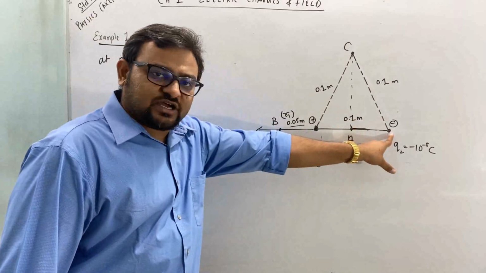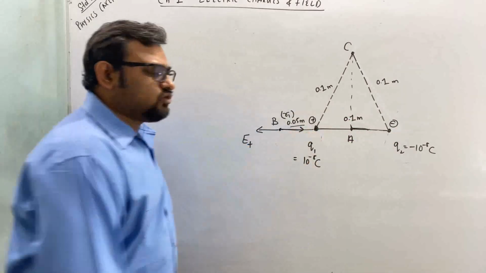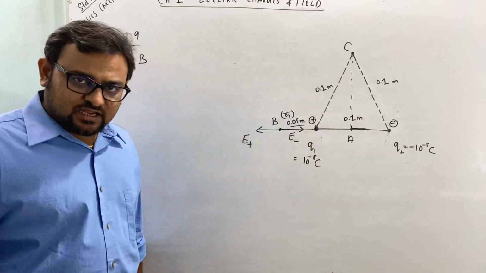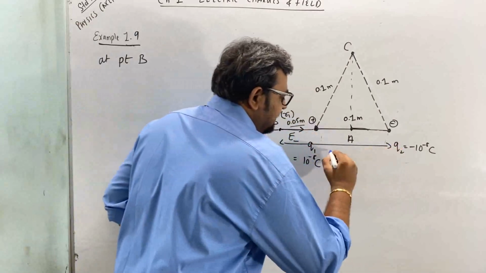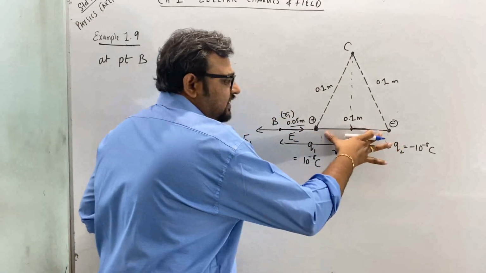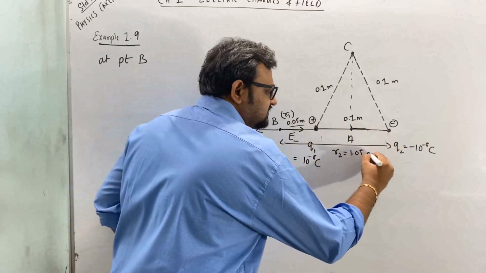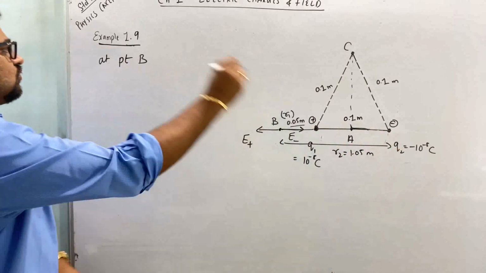But for negative charge, it will be towards. So this is the direction of E minus. Clear? And what will be R here? This is R. So let's take R2, 0.1 plus 0.05, 0.15 meter. So what will happen?